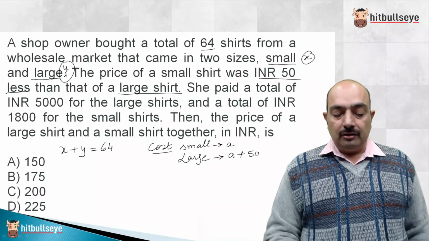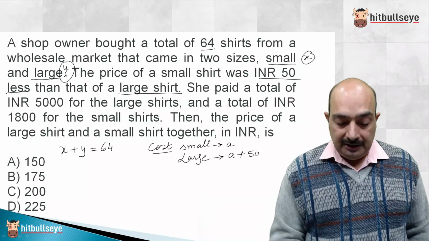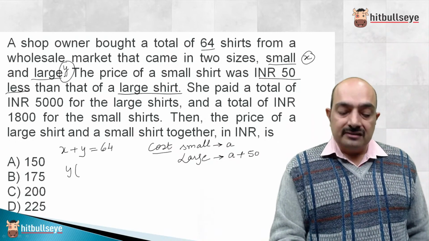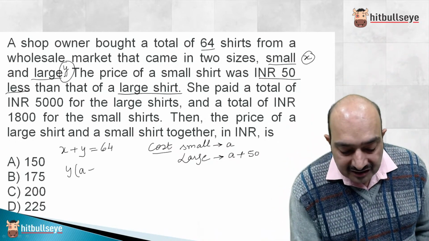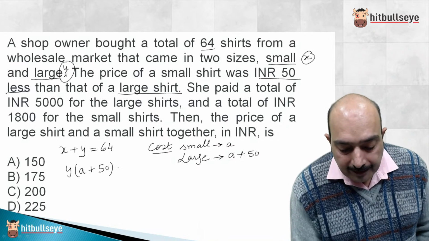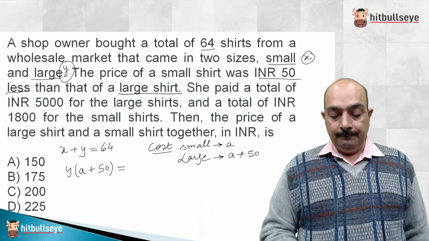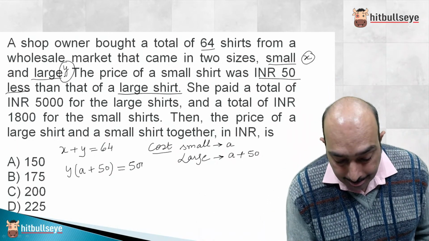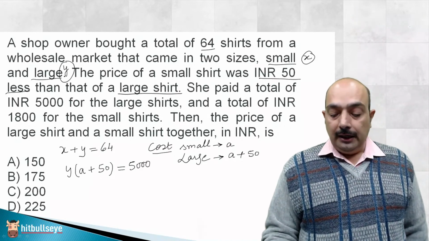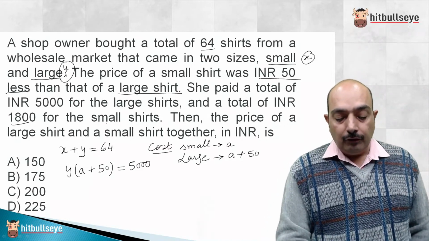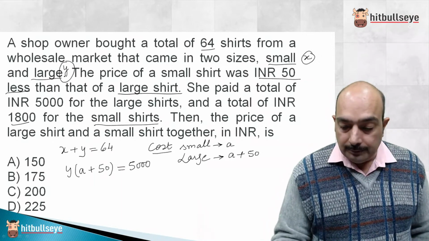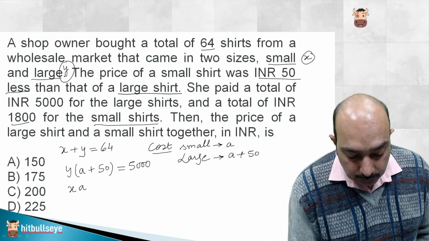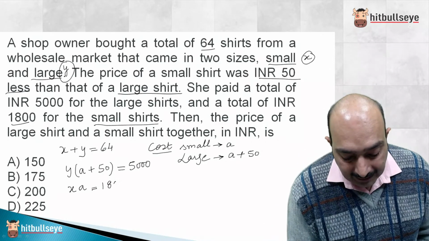She paid a total of 5,000 for large shirts, which means Y is the number of shirts, the cost is A plus 50, and she paid 5,000. And a total of 1,800 for small. How many small? X. What is the cost? A. So X into A happens to be 1,800.